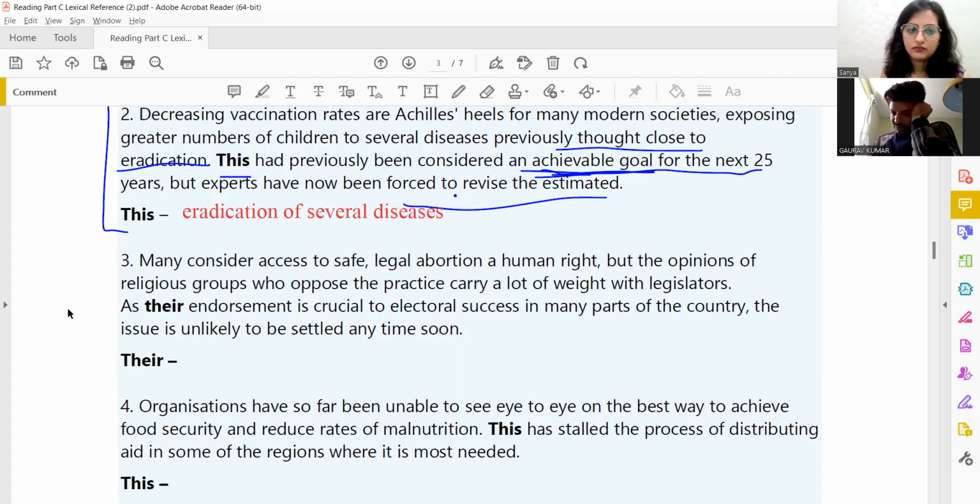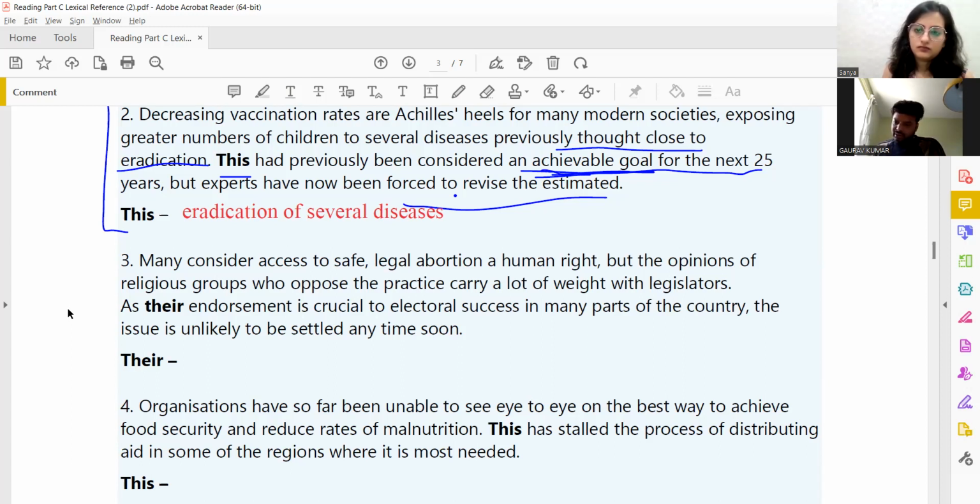But the opinions of religious groups who oppose the practice carry a lot of weight with legislators, and their endorsement is crucial to electoral success in many parts of the country. The issue is unlikely to be settled at any time soon, and their endorsement is crucial to electoral success.